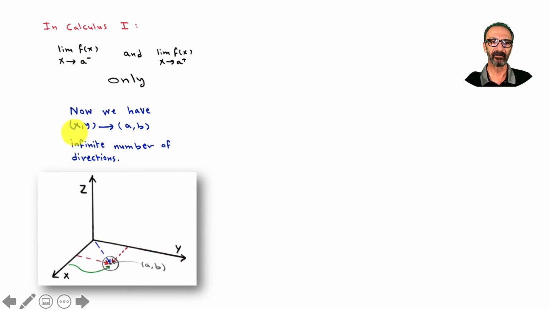Now we have x and y approaching a and b from many different directions, an infinite number of directions. You could approach it along a line aligned with the x-axis. You could approach it along a line parallel with the y-axis. You could approach it right in the middle, at 45 degrees. You could even approach it on a curve or a function.